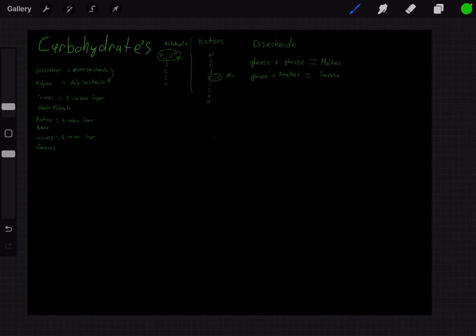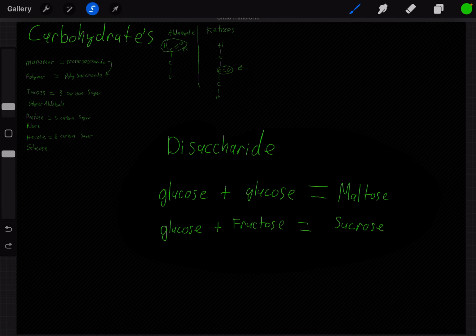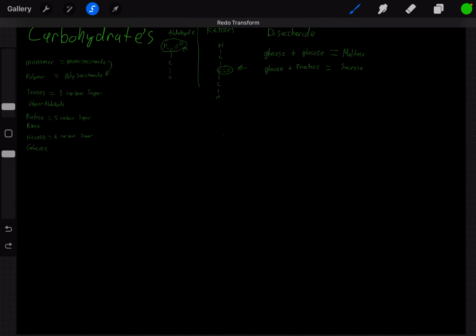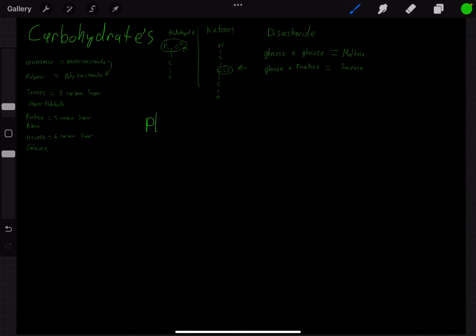Plants, for example, store polysaccharides as starch.